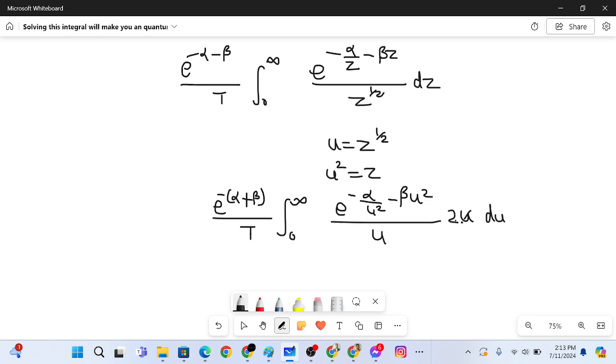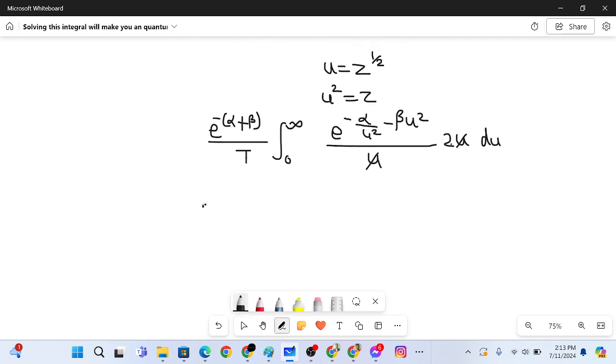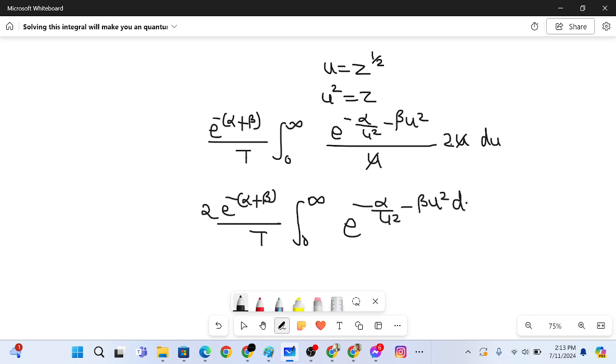So now the u cancels out, and then we have 2 times e to the power minus alpha plus beta by t, and the integral from 0 to infinity of e to the power minus alpha by u square minus beta u square, du.